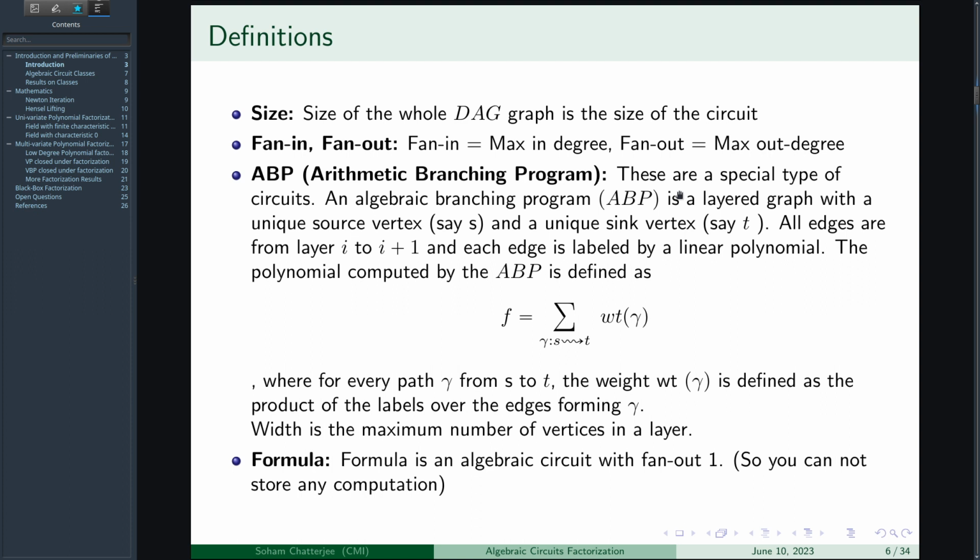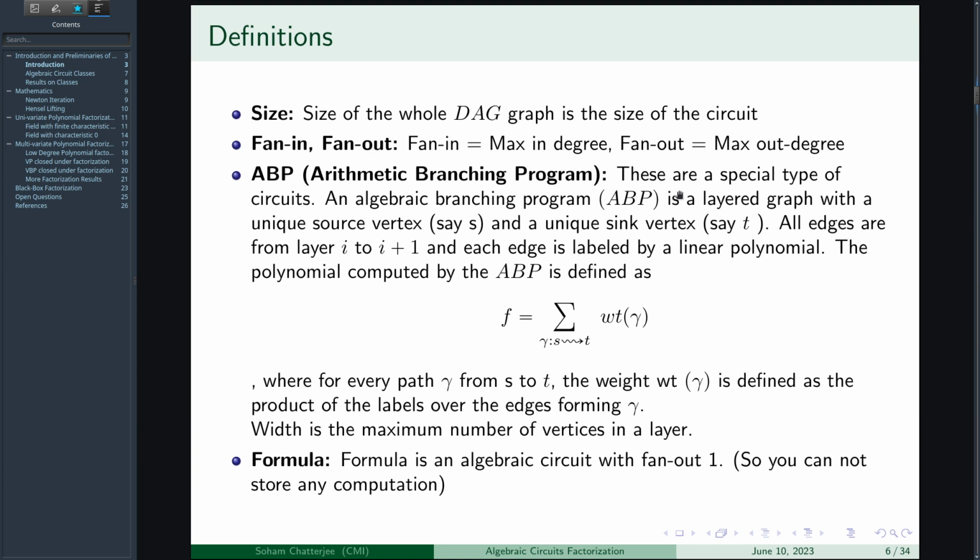Each path has edges, and on each edge you have a linear polynomial, a coefficient or a constant. For each path, you take those linear polynomials or constants and multiply them. The final polynomial you get on each path is the value of that path.